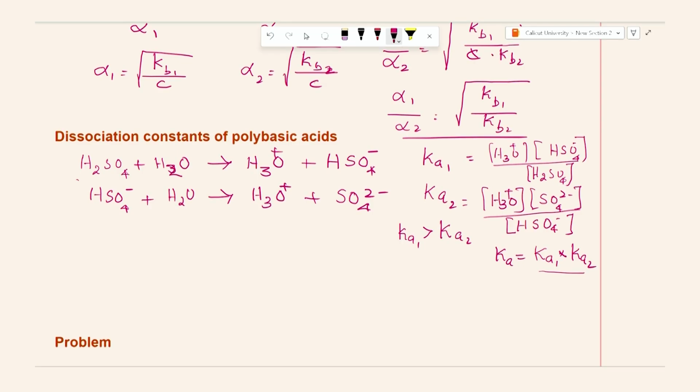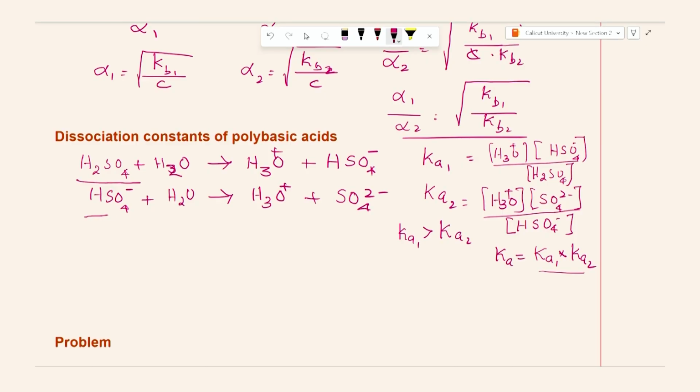Now, why is Ka1 greater than Ka2? The first ionization constant is always greater than the second ionization constant. The reason for that is, in the first case, the H plus ion is given out from a neutral molecule, sulfuric acid.